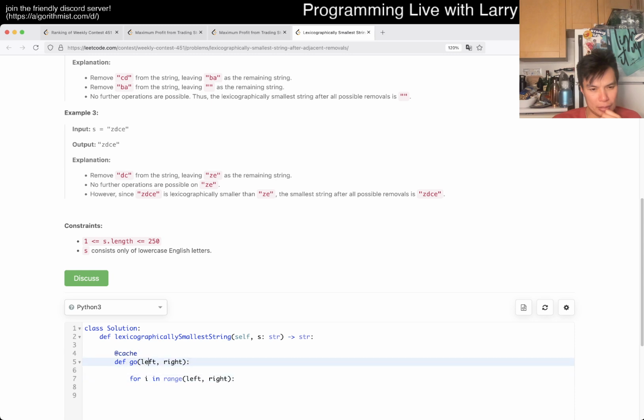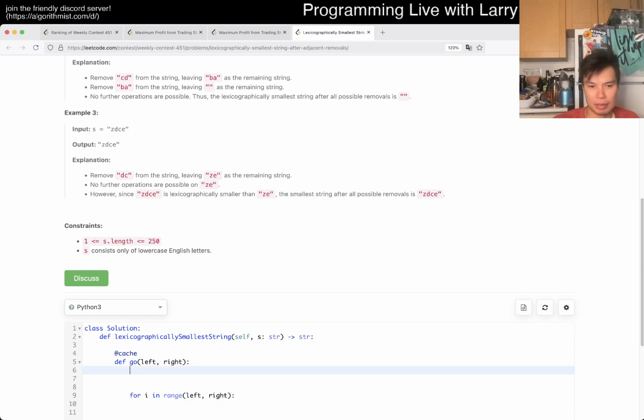I guess 250, too many mergers. Well, I mean, I don't know what else I'm doing, so let's write it out.